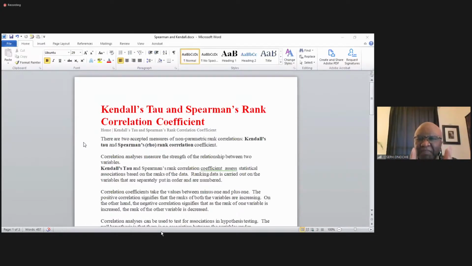But the bottom line I want you to know is that you use Pearson when you have what we call ratio numbers. Those are numbers you can divide, multiply, add, subtract, and everything. But when you have numbers that show some kind of ranking, you cannot add them up or divide them.